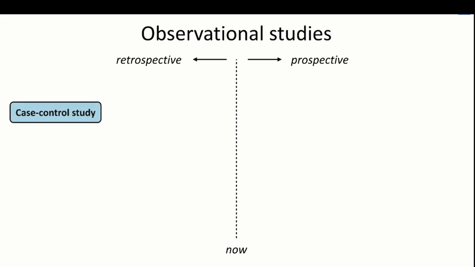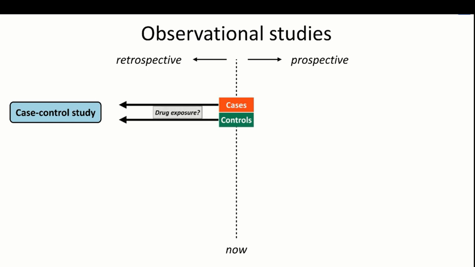Prominent examples of retrospective research are case control studies, which identify patient cases in the population that have had the clinical event of interest, and then compare them with matched controls who are event-free. The researchers then look retrospectively to see if there are any differences in exposure to potential causative drugs in the past.